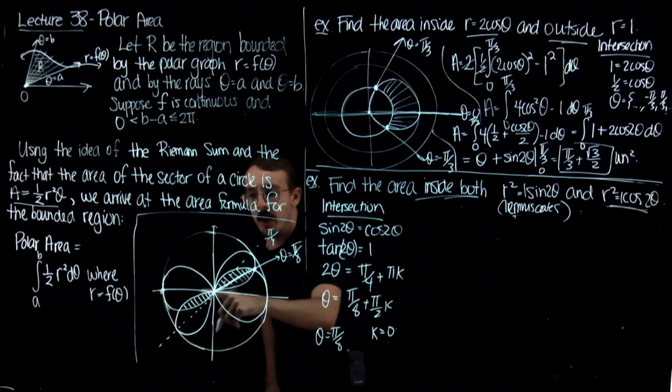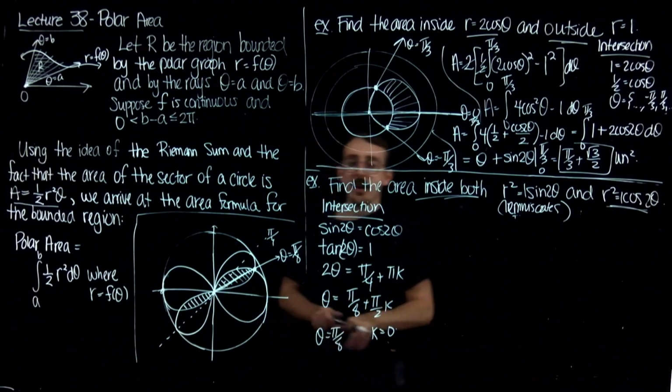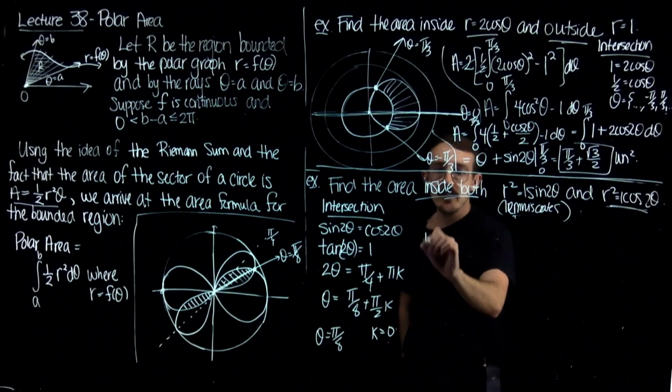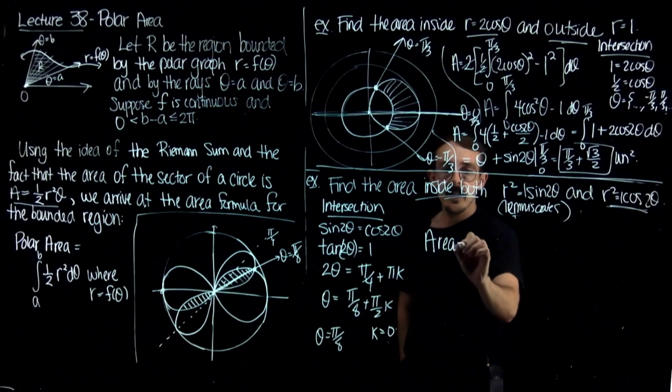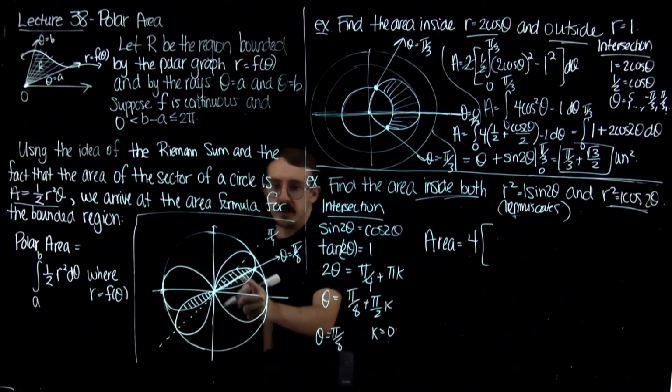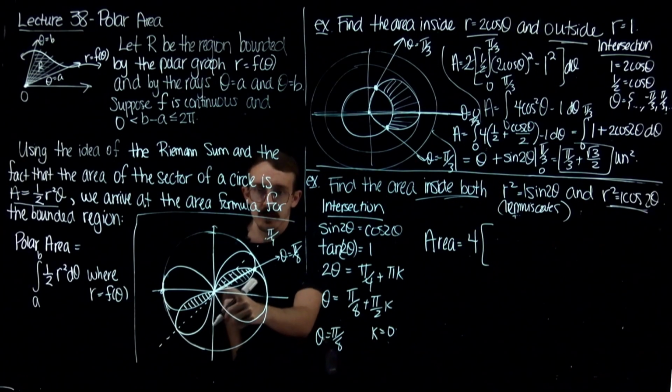So in total, you have 4 identical pieces. We can write the formula for the area in this way. We could say the area is 4 times the area of one of these 4 slices, which I'm going to focus on just the bottom piece of this area.